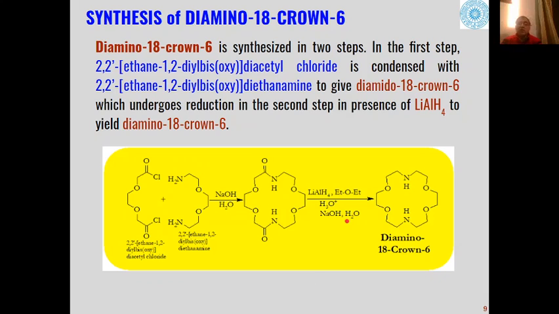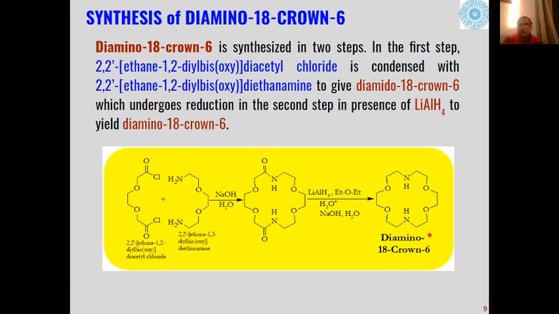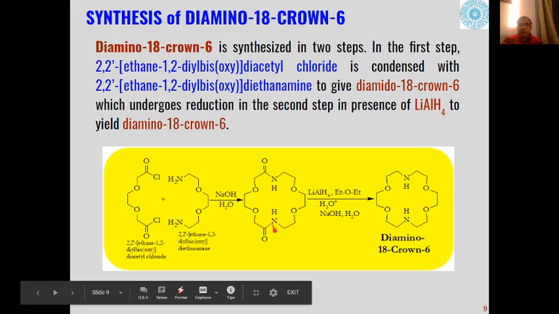So this is how we will get these types of diamino 18-crown-6 compounds from diamido 18-crown-6 on reduction with lithium aluminum hydride.